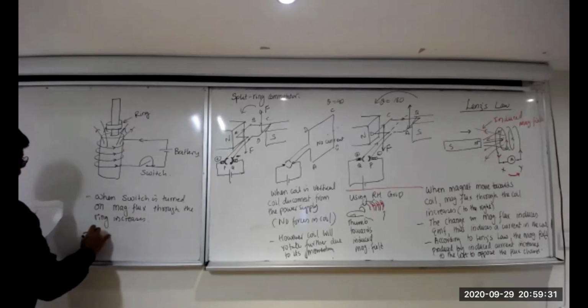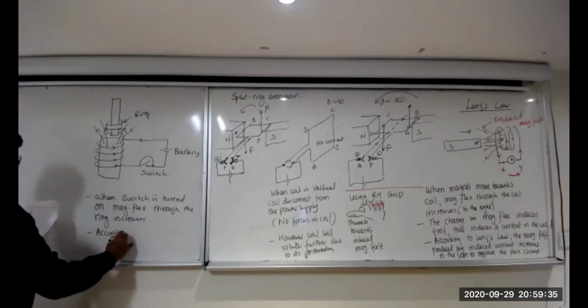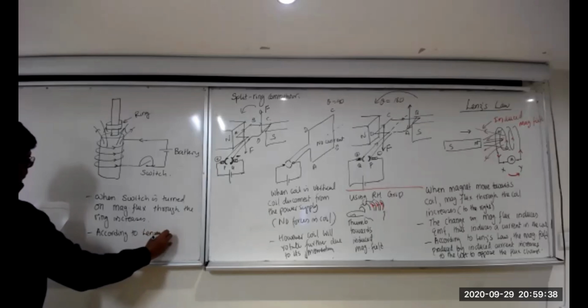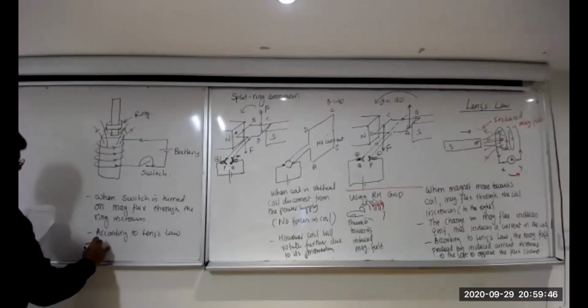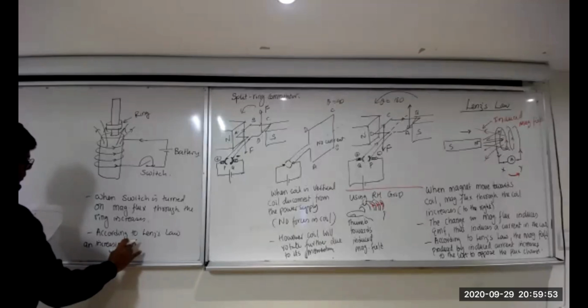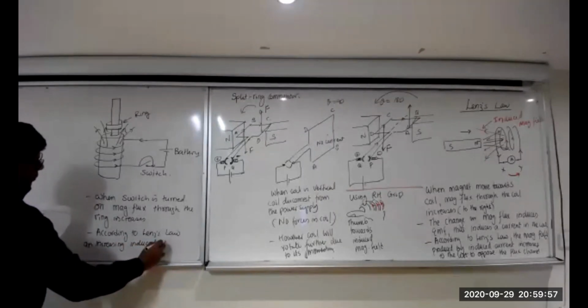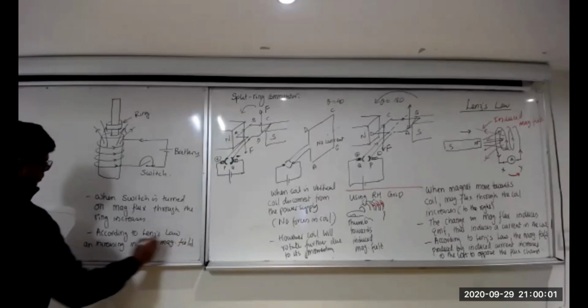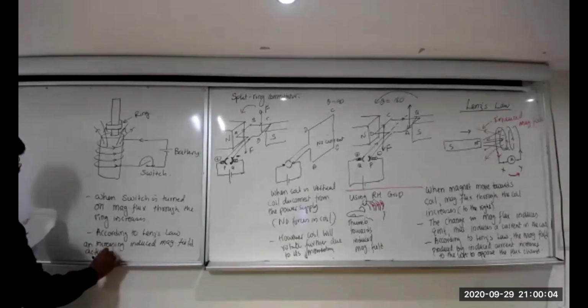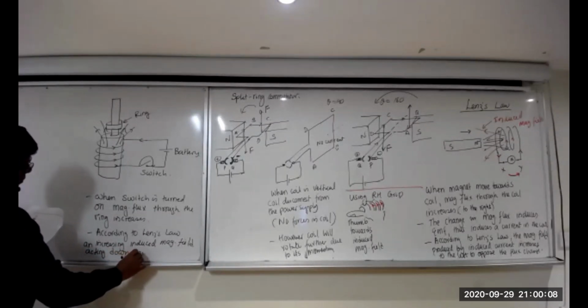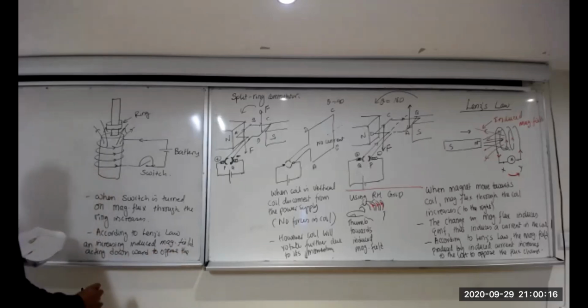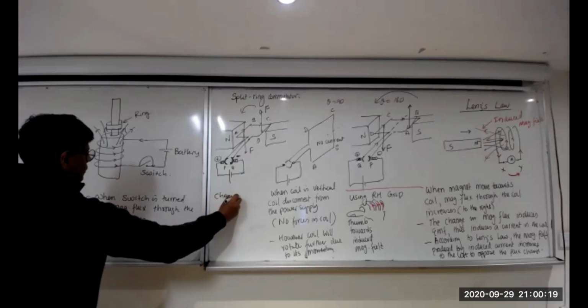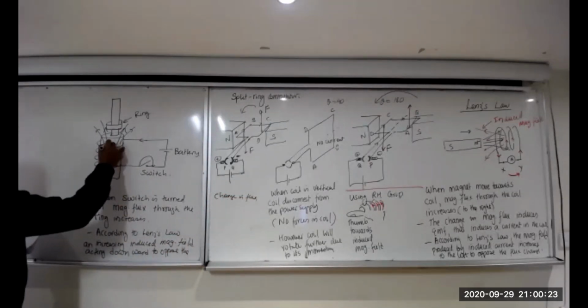So according to Lenz's law, an increase in magnetic field acting downwards, the ring will oppose the change. So essentially there will be a north pole. So this has become a north pole.